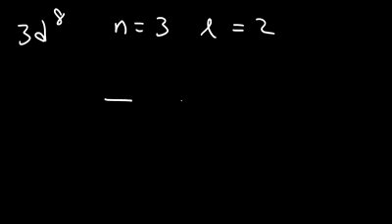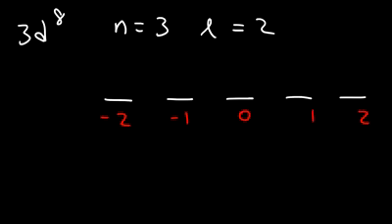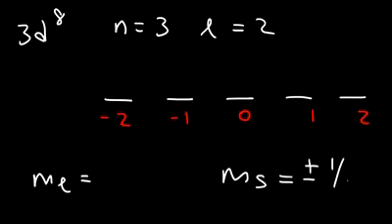Now we know that d has 5 orbitals, and so the ml values will range from -2 to 2. Now we need to find the location of the 8th electron. The location will tell us the ml value and also the ms value. Now ms will always be either positive or negative 0.5, which I'll explain shortly.